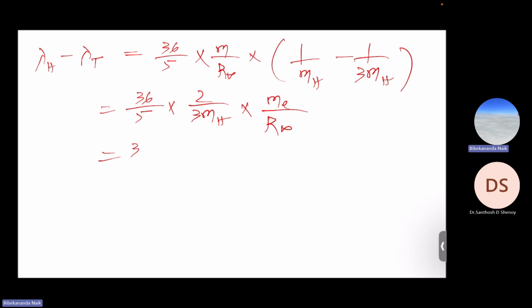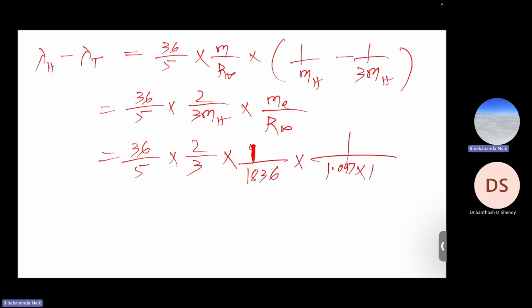If you put the values, 36 by 5 into 2 by 3 into, so me by mh, the ratio is 1 by 1836. So 1 by 1836 into 1.097 into 10 to the power 7 per meter.